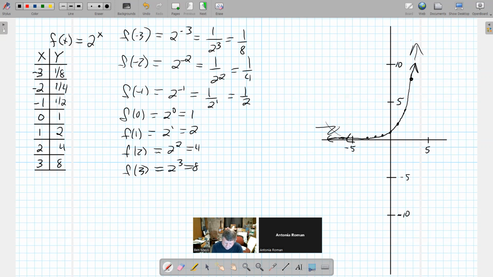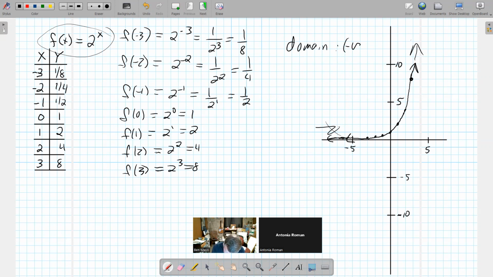For this function, you see that it does pass the vertical line test and the horizontal line test, so it's a one-to-one function. Okay. The domain would be what?